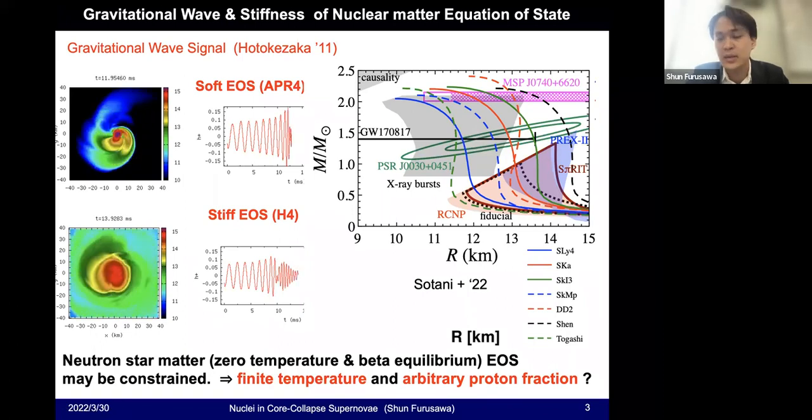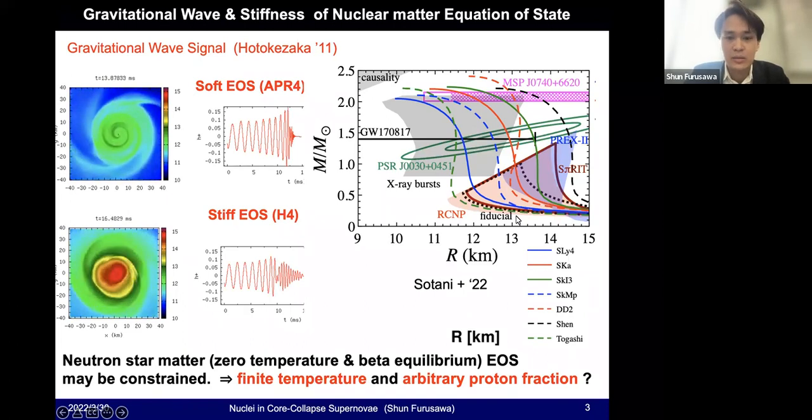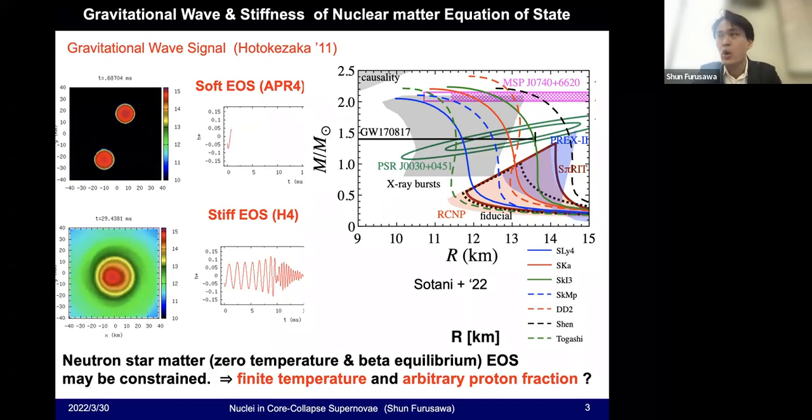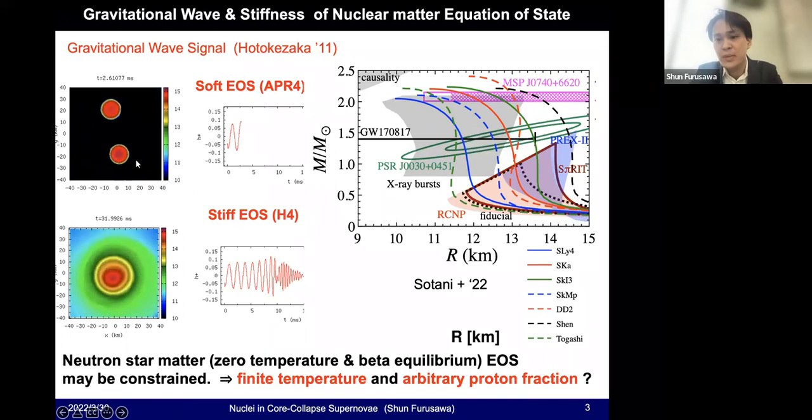Of course, there is ambiguity in these analyses, but both neutron star observations and terrestrial experiments constrain the neutron star matter equation of state. But the neutron star equation of state is one aspect of the equation of state of nuclear matter, especially in core collapse supernovae and also in neutron star mergers.